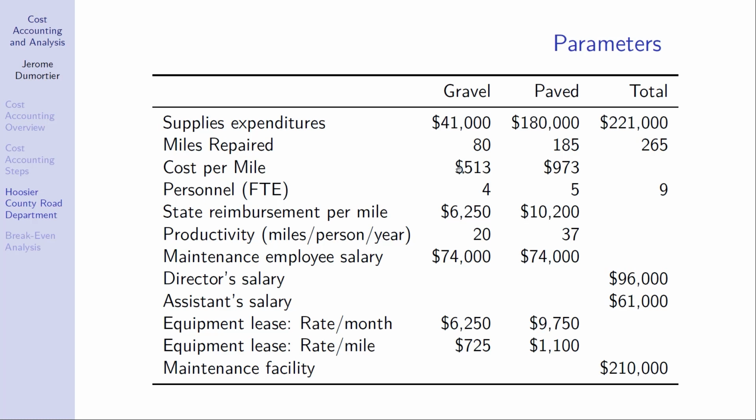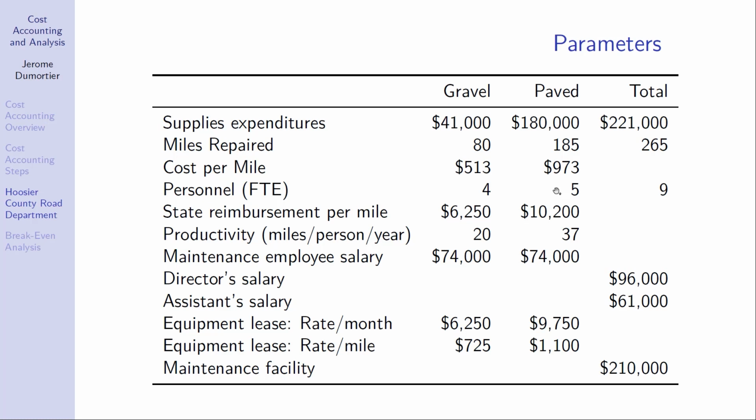Note that here you have the cost per mile, which is simply the 41,000 divided by 80 and 180,000 divided by 185. We are also employing 9 people in total, 4 for maintaining the gravel road and 5 for maintaining the paved roads. The state reimburses us on a per mile basis. They pay $6,250 per mile maintained of gravel road and $10,020 per mile maintained of paved road.